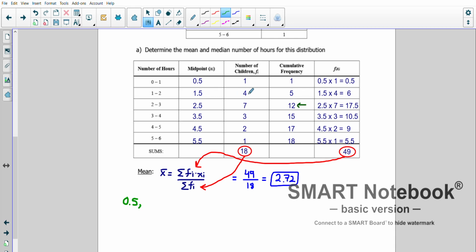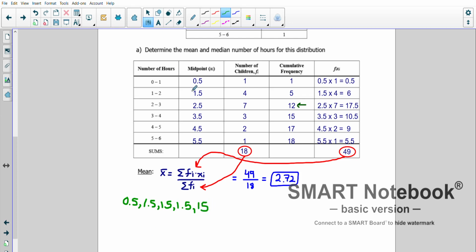How many cumulative hours have these 4 kids watched on average? Well, 1.5 times 4 is 6. So there are 4 kids watching what I can only assume is close to 1.5 hours. So that's the first 5 students.